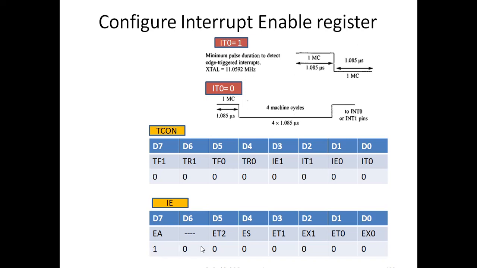If it is 0, even though you enable any one of the interrupts, the interrupt is not going to be generated because you made this pin 0. If you want any interrupt to be generated, you must make this pin high, then only the interrupt is going to be invoked.